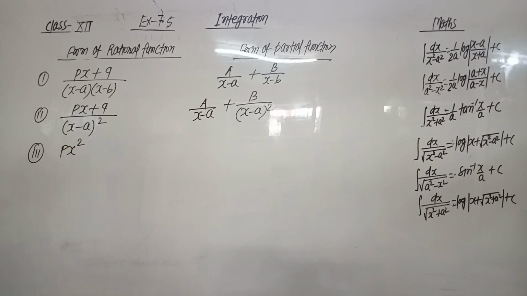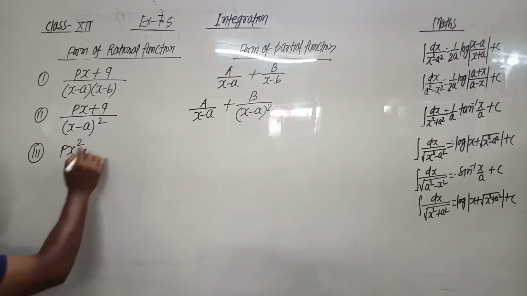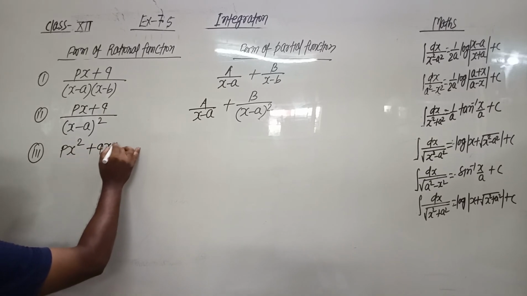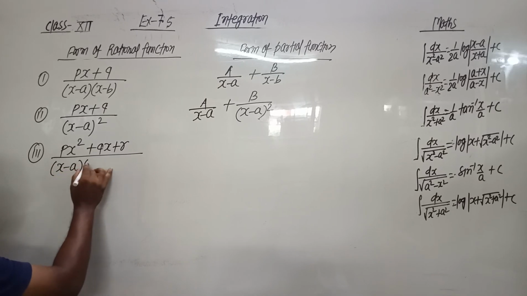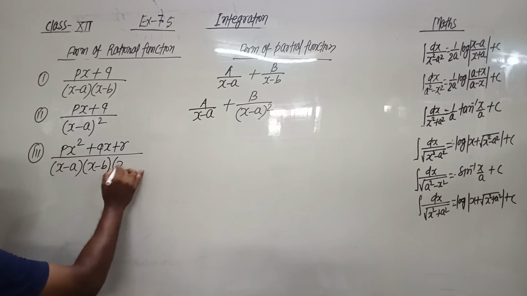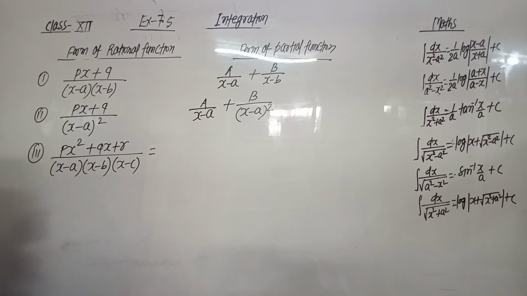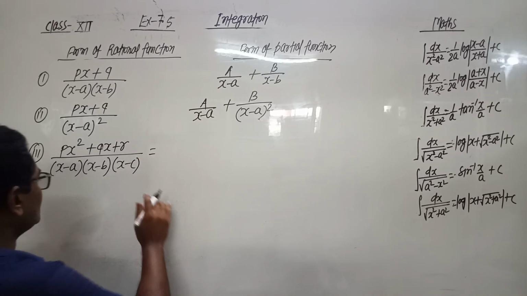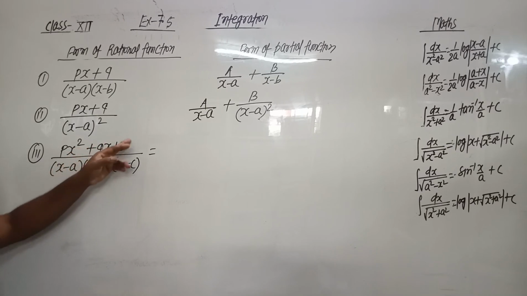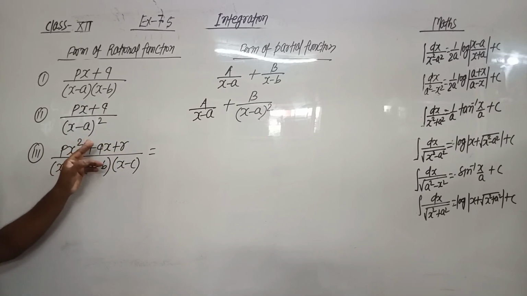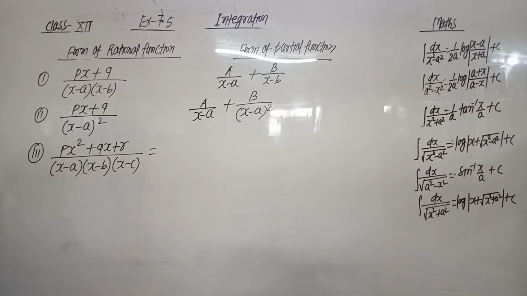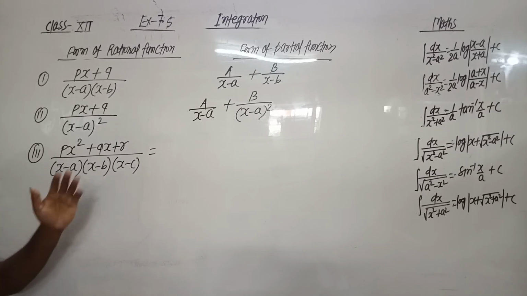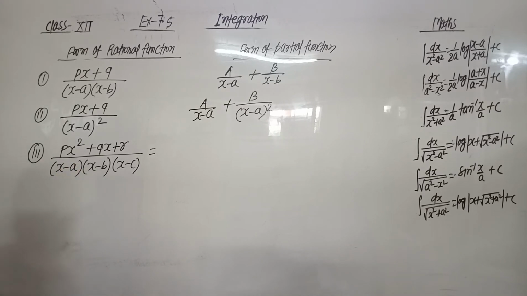if the numerator is the quadratic function px square plus qx plus r, and the denominator is the product of linear factors x minus a, x minus b and x minus c, then the degree of the numerator is 2 and the degree of the denominator is 3, because when we remove the brackets, the highest power of x will be 3.